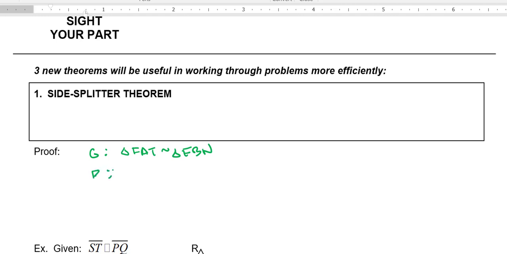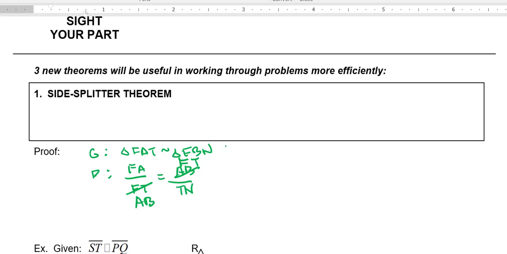And what I'm trying to prove is that FT is to TN and FA is to AB. Sorry about that. Let's get the letters in the right order there.